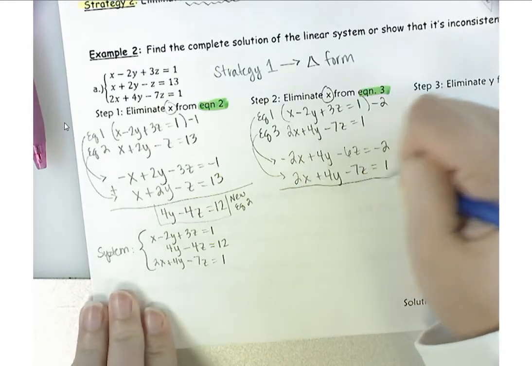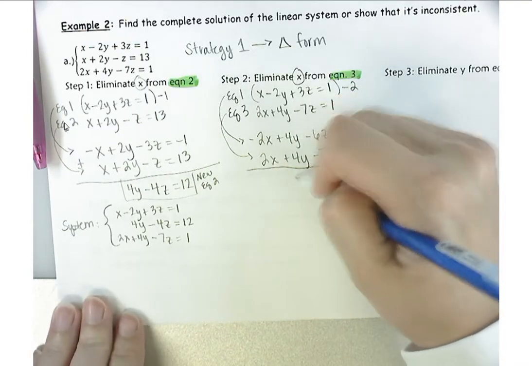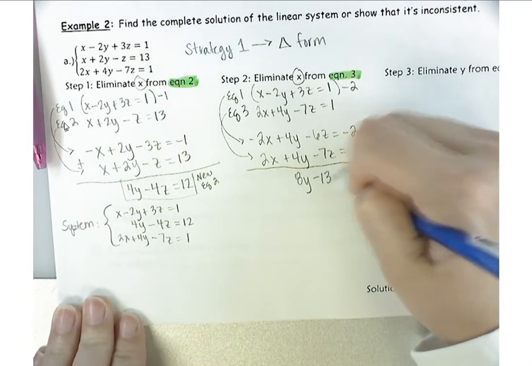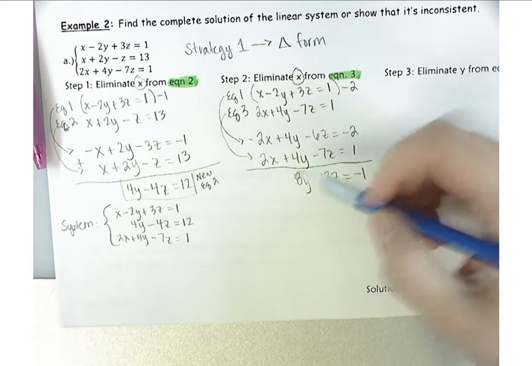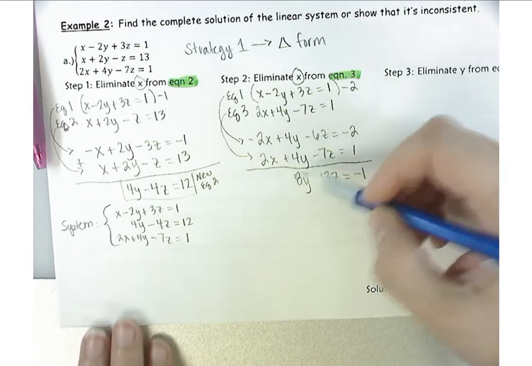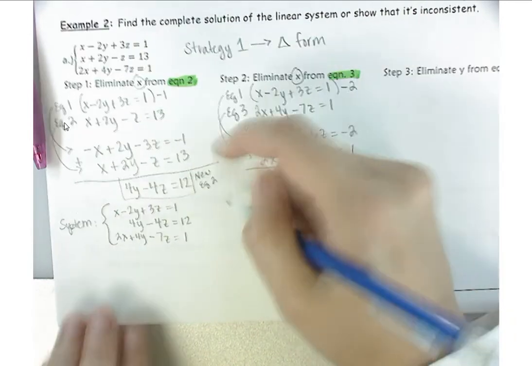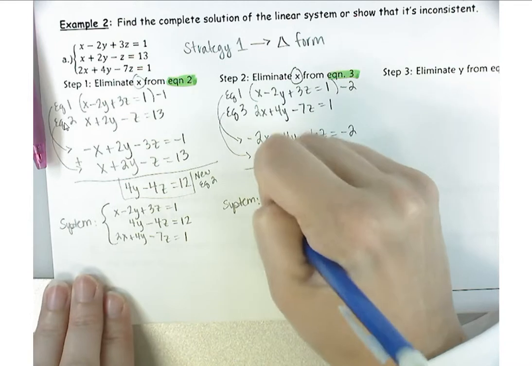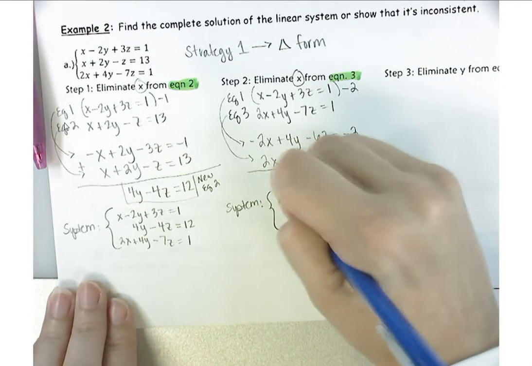Usually the mistakes come when people start adding them together. 4 plus 4 is 8. Negative 6 minus 7 is negative 13. This will be negative 1. Okay, so if we want to check in with how our system is, what we've done now is replaced equation 3.